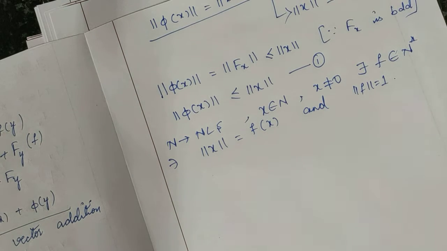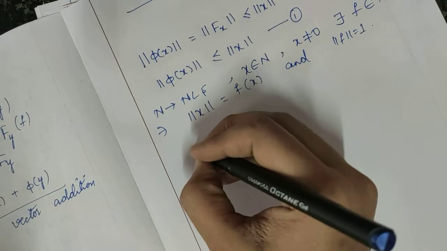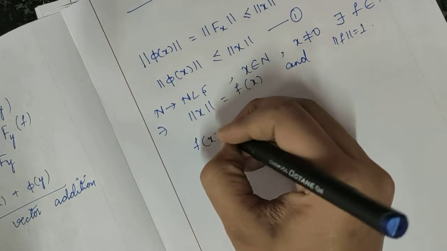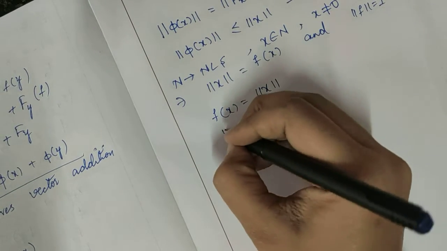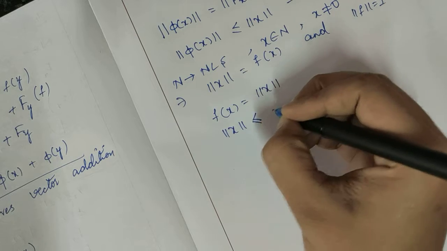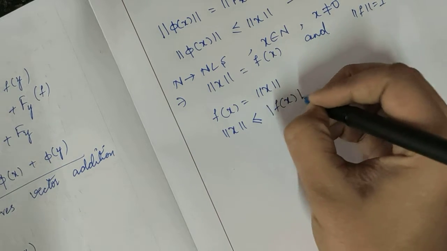This is from the consequence of the Hahn-Banach theorem. So using this we can write f of x is equal to norm x. So obviously norm x will be less than or equal to mod f of x.